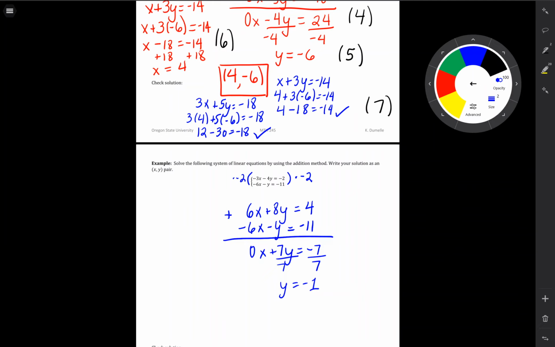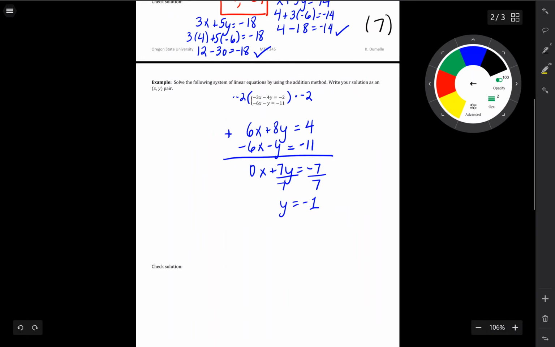Now to solve for my x value, I am going to plug this y value into either one of the original equations. So I'm going to plug it into the first equation. You could do either one. So this is going to give me negative 3x minus 4 times our y value, which we found to be negative 1, equals negative 2.